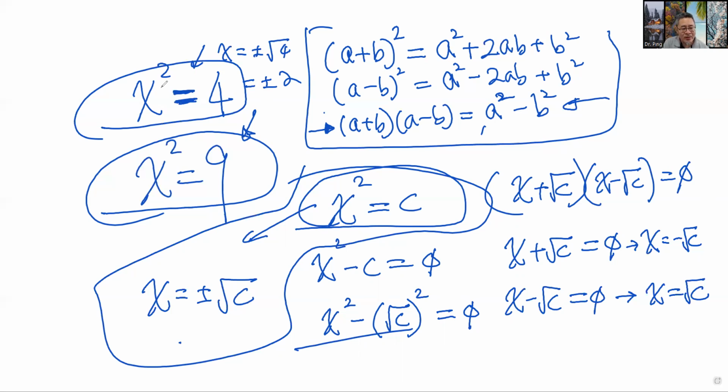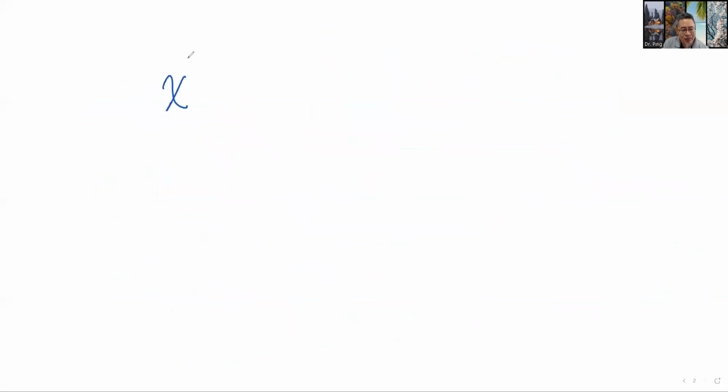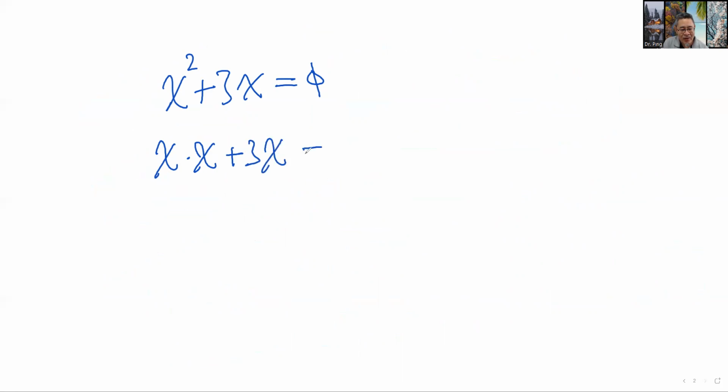Now from that, we're going to move on to something like x squared plus 3x equals 0. So what do we do on that one? Well, here we notice x squared is x times x, and we can move x out.